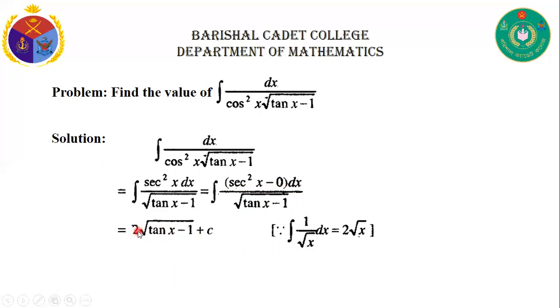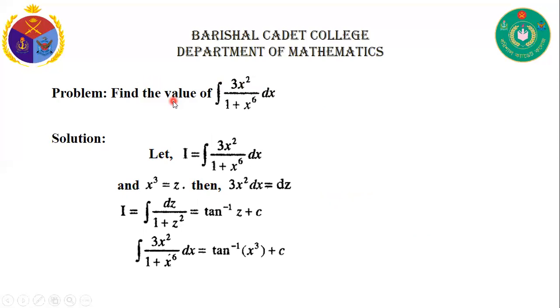Also you can use the substitution z: you just take this as z, then the whole numerator part becomes dz, so we get dz by square root of z. Then you integrate, and after integrating you put back the value of z.